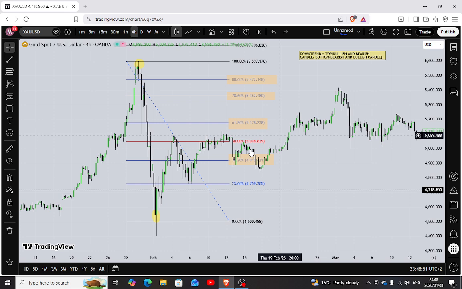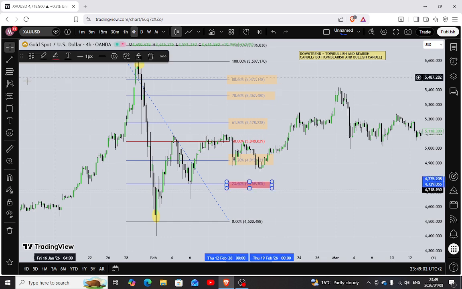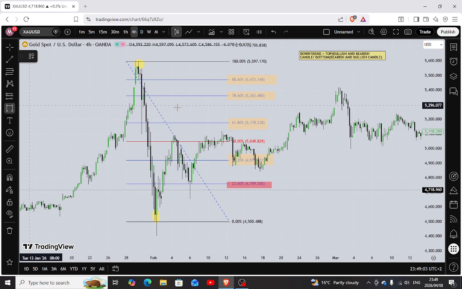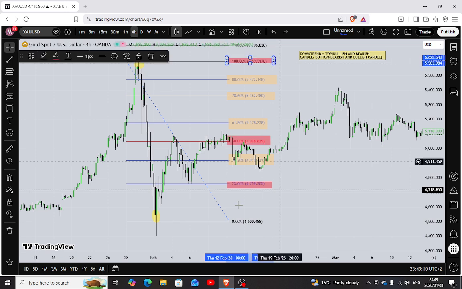Let me highlight them in a different color. Let's just use red maybe. The ones highlighted in red, I wouldn't take entries in those areas. With the 23.6 area, what normally happens is you'll find a range consolidation.